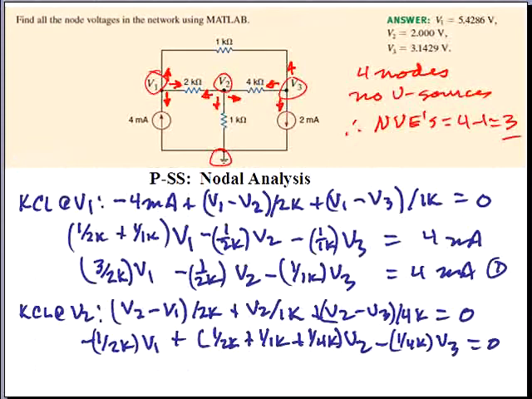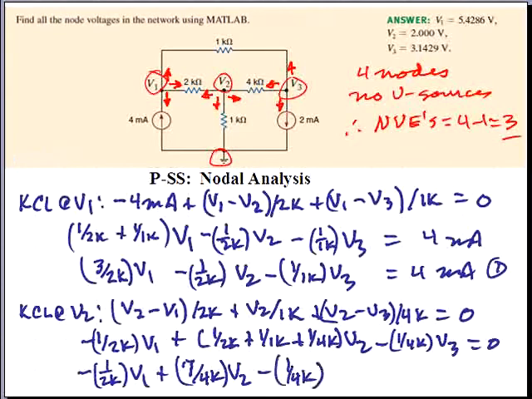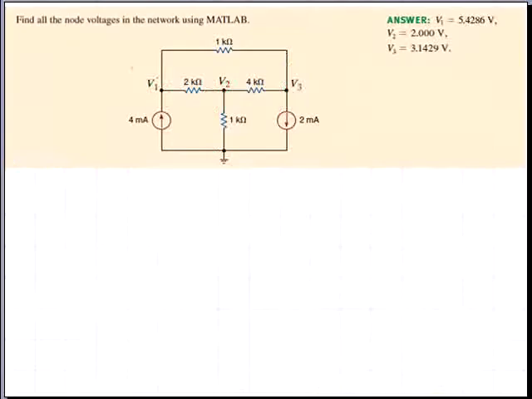And again, simplifying, we have minus 1 over 2K V1 plus 7 over 4K V2 minus 1 over 4K V3 is equal to 0. So that will be our second node voltage equation.